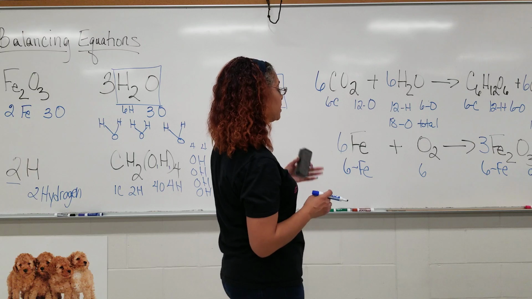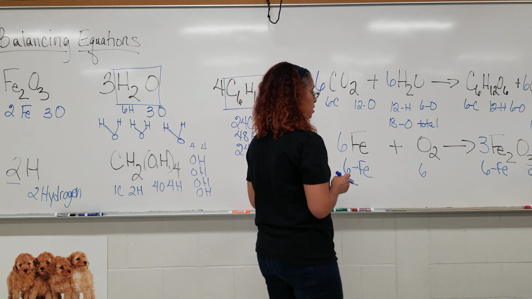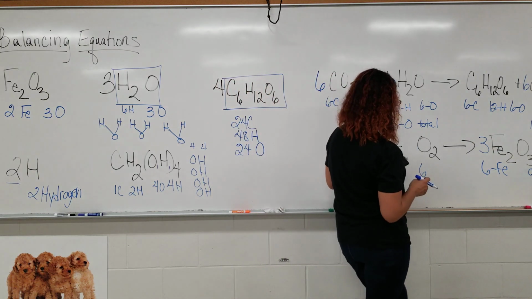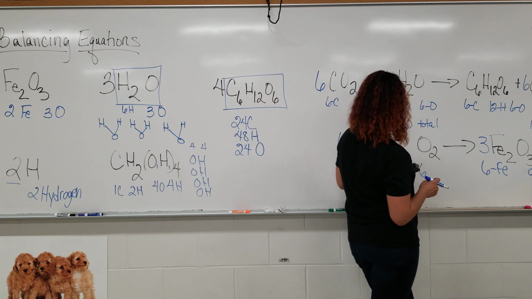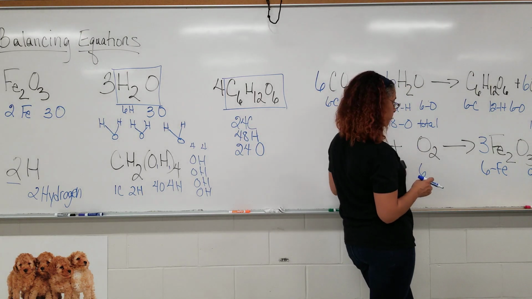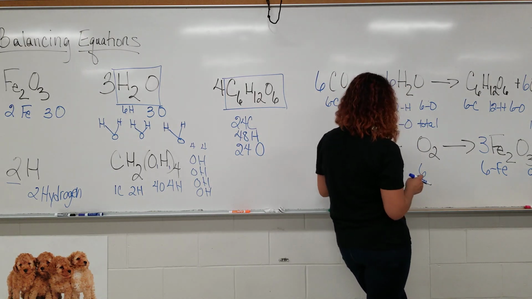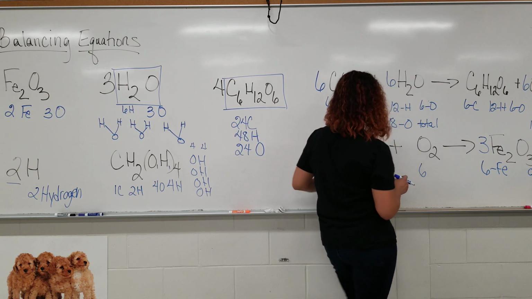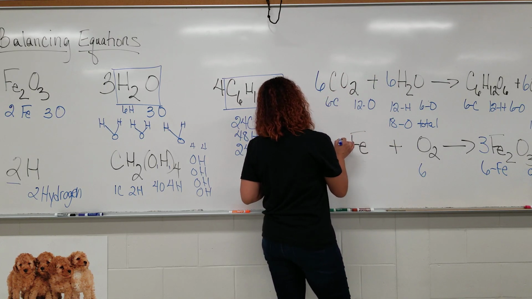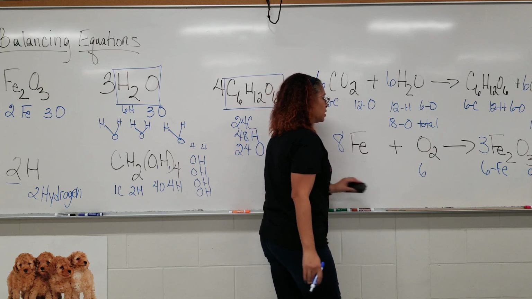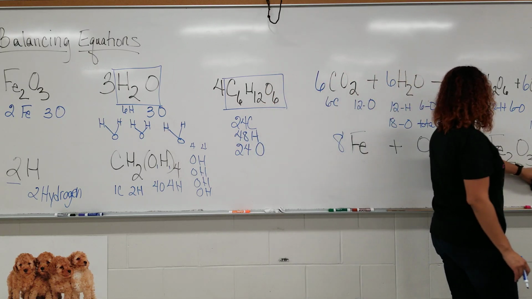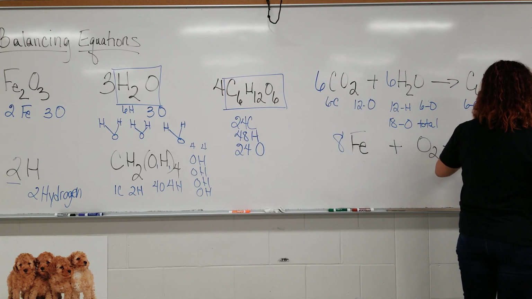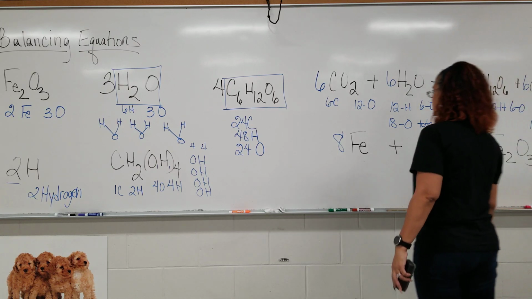So this would actually come out to a decimal. So we don't want to do that. So let's go ahead and change this to 8. So if we have 8, well, let's go ahead and balance it.